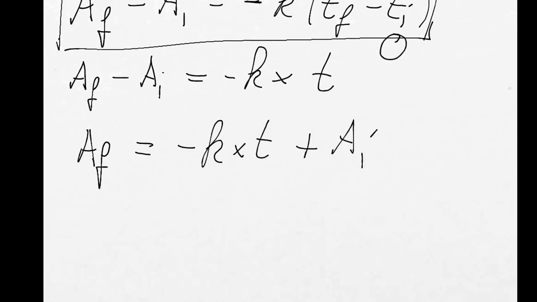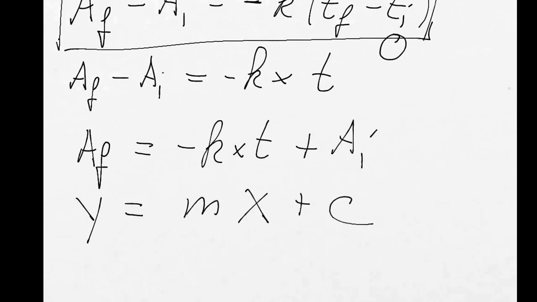And, of course, this is a straight line. Why? Well, we can write this as y equals mx plus c, which is our lovely equation for a lovely straight line.